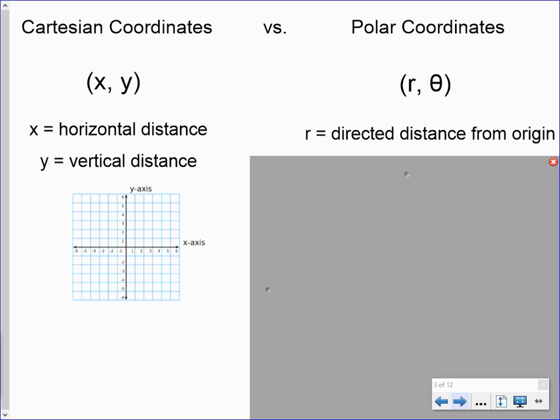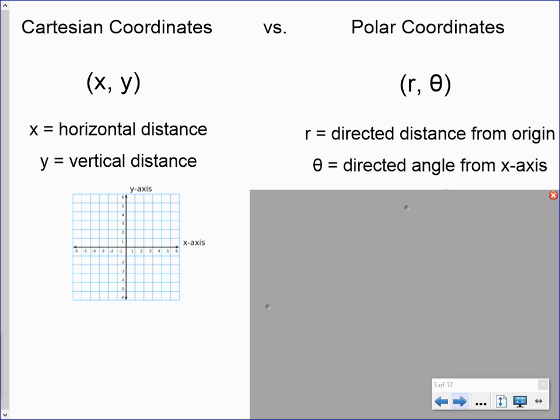R represents a directed distance from the origin, and on the next slide I'm going to call the origin the pole. So it's the pole of the polar grid, the center of the polar grid. And theta is your directed angle from the x-axis, which we're going to call the polar axis on the next slide. We're going to give a specific name. Theta is just like all the other angles we've worked with in all of our other chapters that have involved trig.